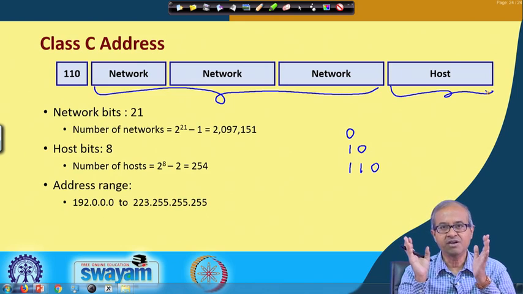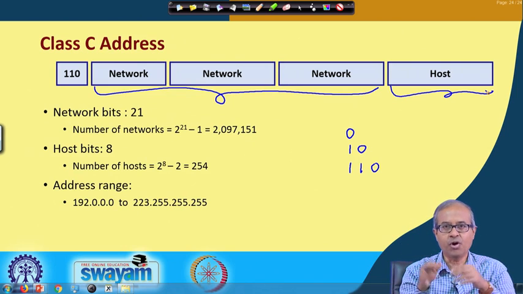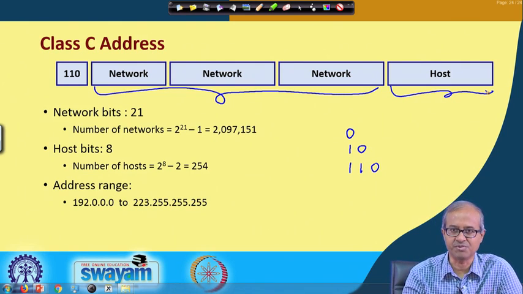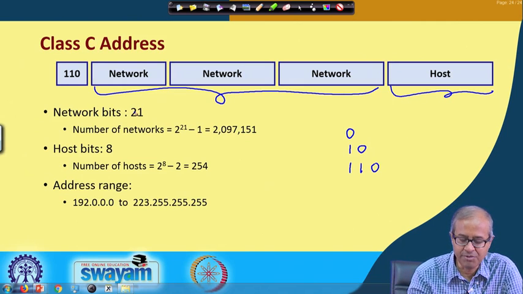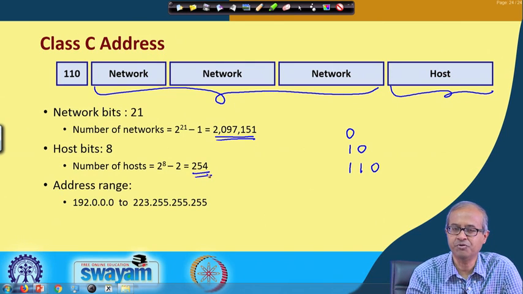That means networks where relatively fewer computers are there. For such cases, class C is most suitable. With 21 bits you can have about 2 million networks, and with 8 bits in the host you can have 254 hosts per network.